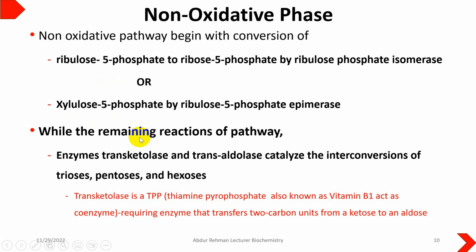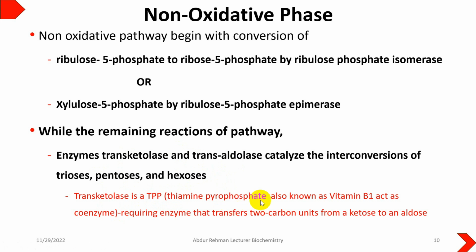The remaining reactions of the pathway are interconversion reactions. The enzymes transketolase and transaldolase are involved, and they result in the interconversion of trioses, pentoses, and hexoses. For transketolase, TPP, that is thiamine pyrophosphate, acts as a coenzyme.